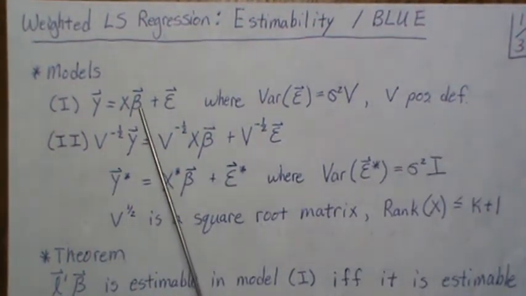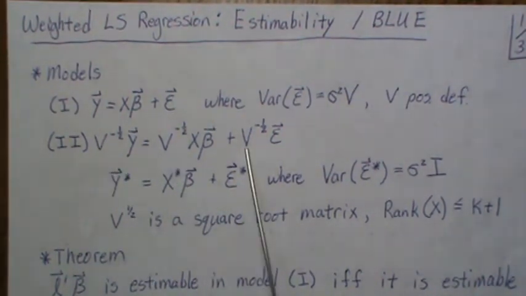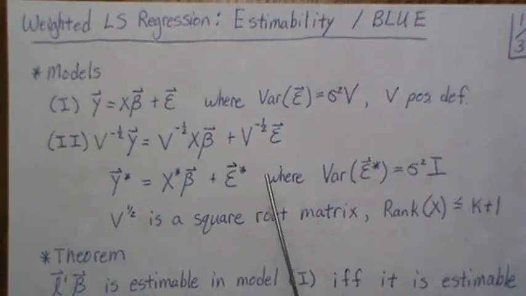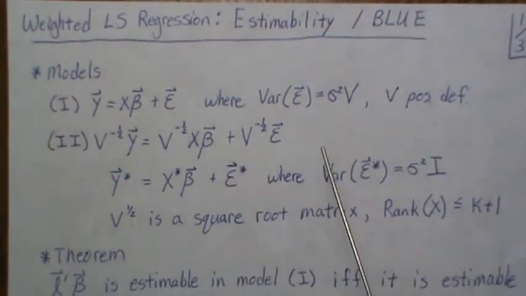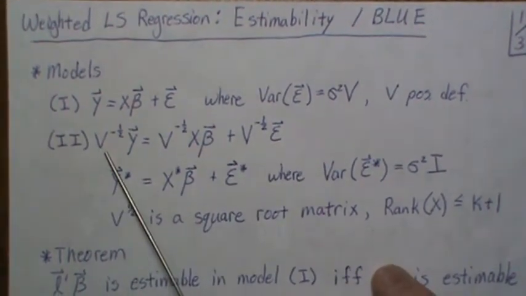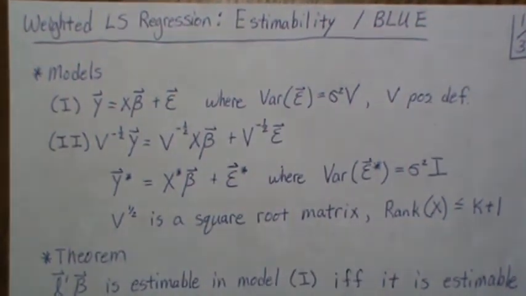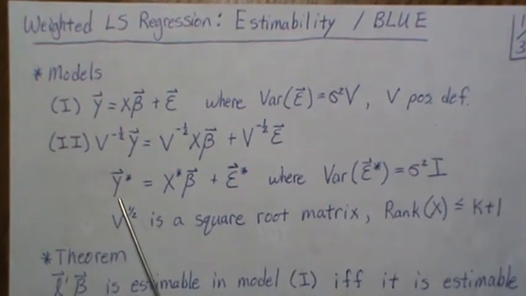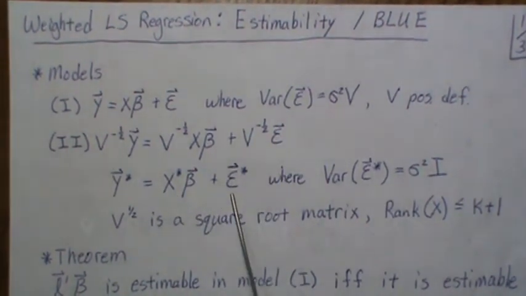Now what is often done is we transform it to an equivalent model. So we pre-multiply by the inverse of the square root matrix of V. And I have a video called the square root matrix if you want to learn more about it. If you pre-multiply by V to the minus 1/2, then we can call this y star, call this X star, call this epsilon star.